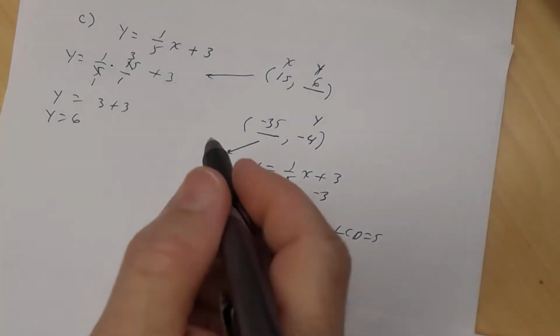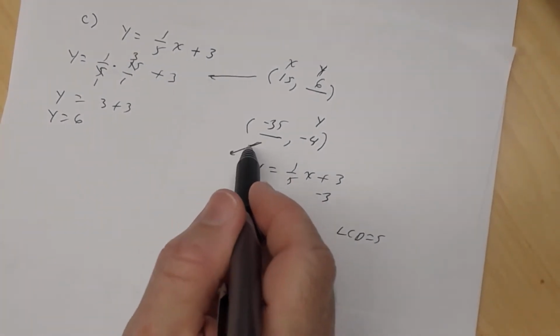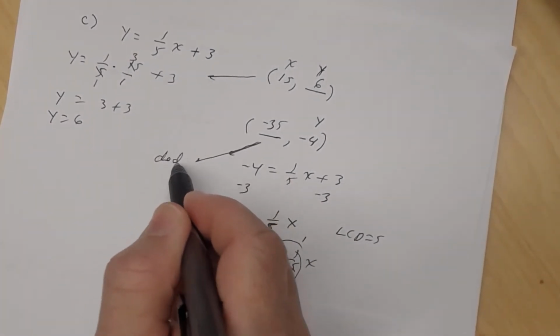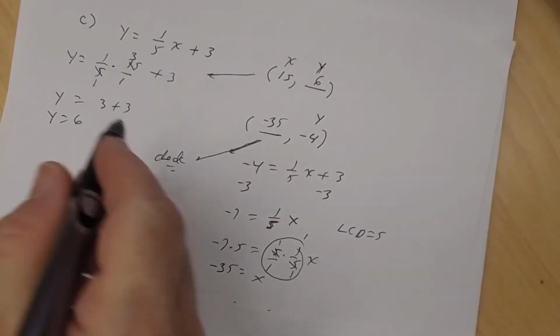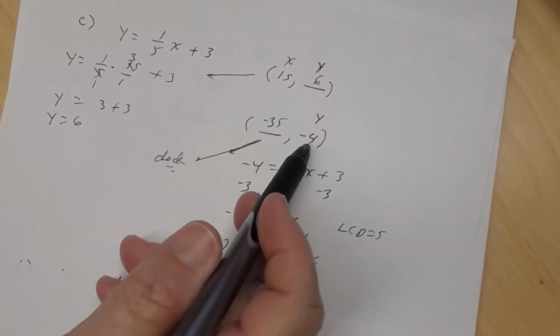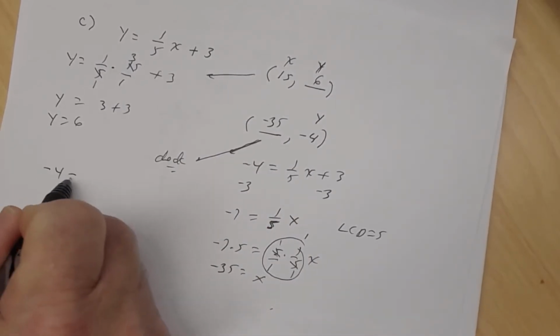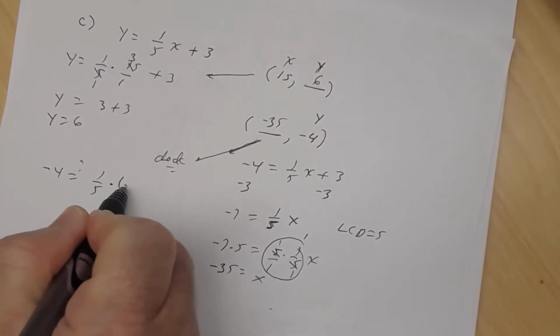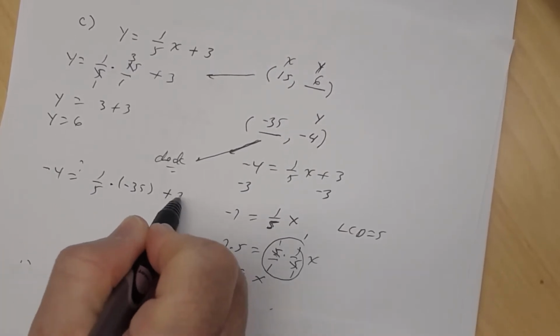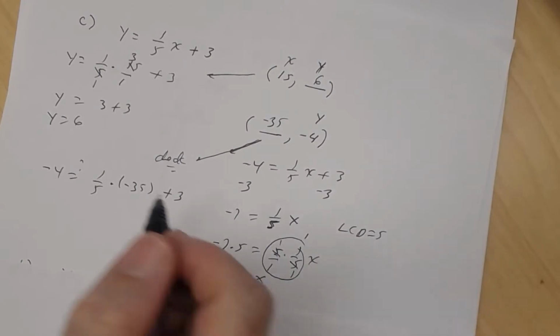Now let's just go ahead and check this one right here. I have y equals, well, y is negative 4, so I want to see: is negative 4 equal to 1/5 times a negative 35 plus 3? That's the question.